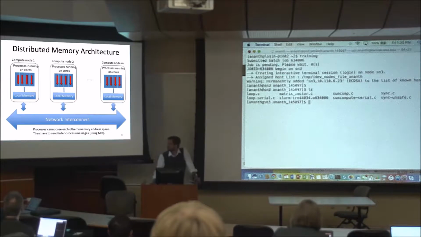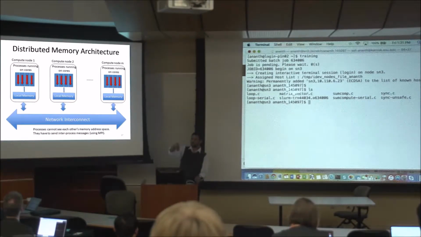Here you can run processes on individual cores, and because each process has its own address space, one process cannot see the other process's data, and vice versa. So they don't share the address space.